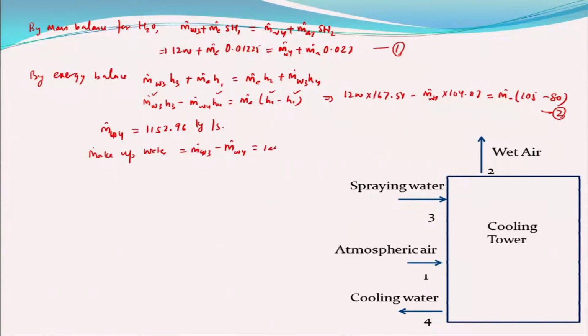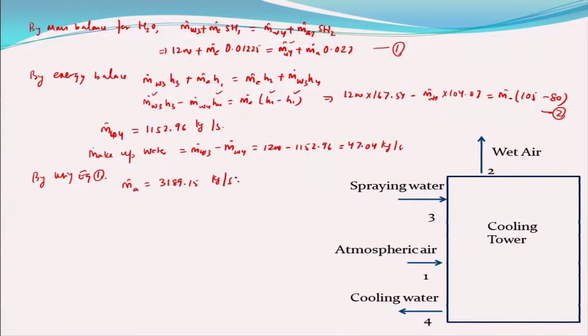MW3 is 1200 minus 1152.96, which gives me 47.04 kg per second. Using equation 1, because I know MW4, I can find M dot A equal to 3189.15 kg per second.